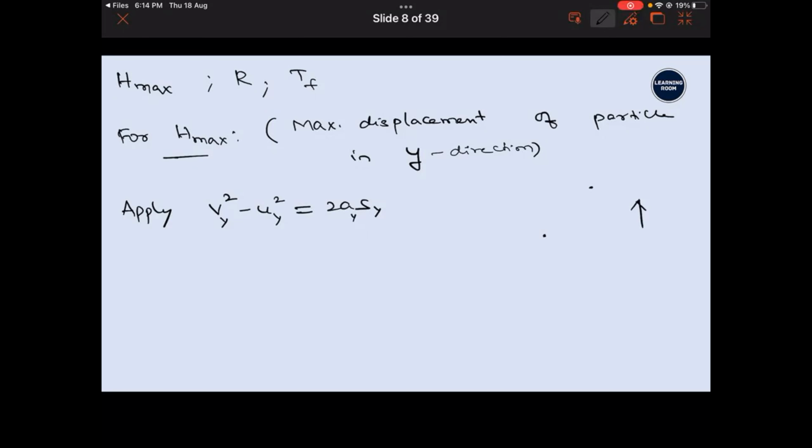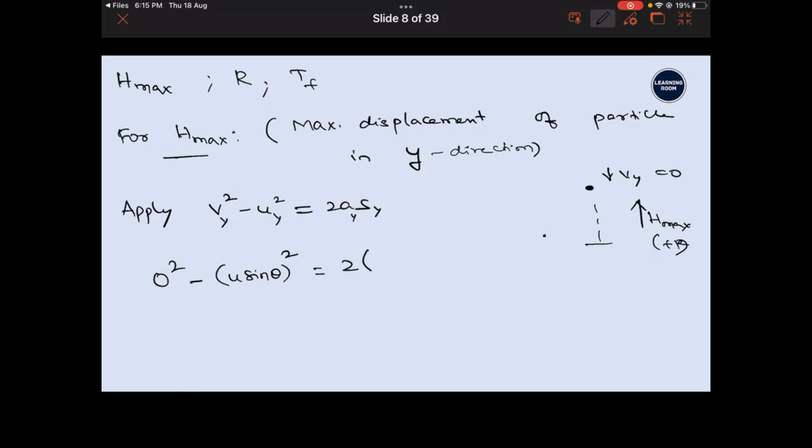So if this is the displacement, which I'll say h max, is h max positive or negative? At the maximum height, what is the vertical component of velocity? It is 0. So 0 square minus, what is the initial velocity along vertical direction? U sin theta. So (u sin theta) square is equal to 2 into, what is the acceleration along y direction?